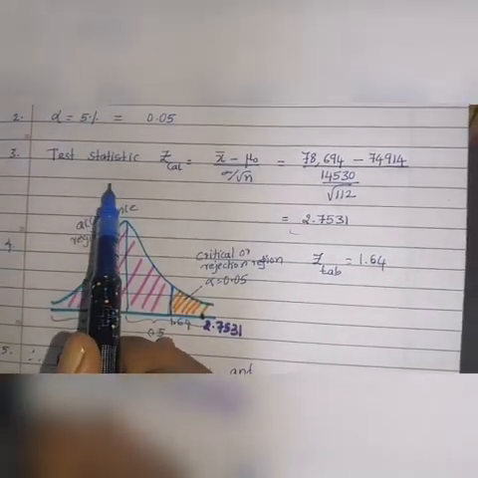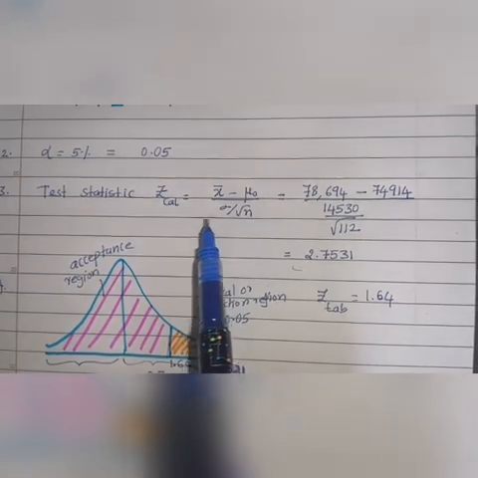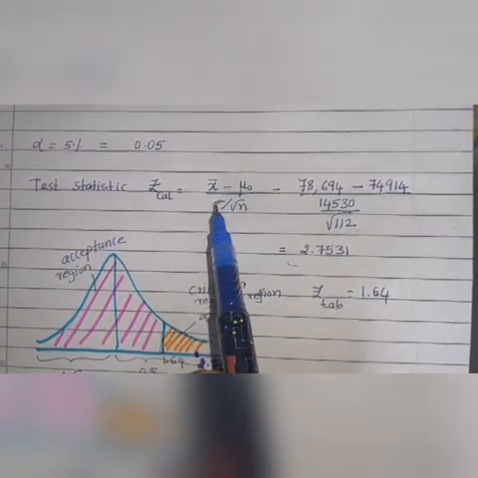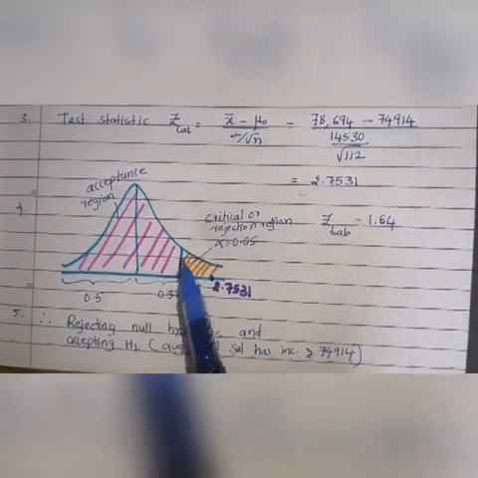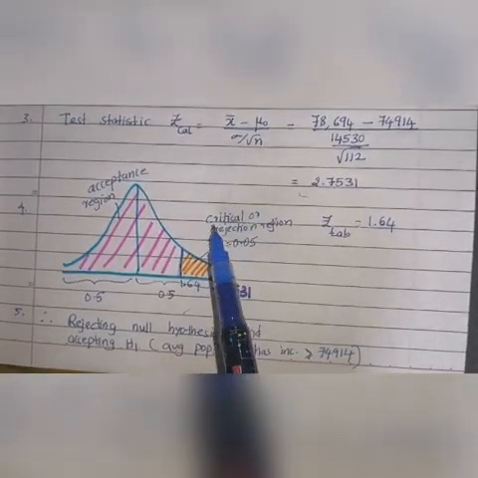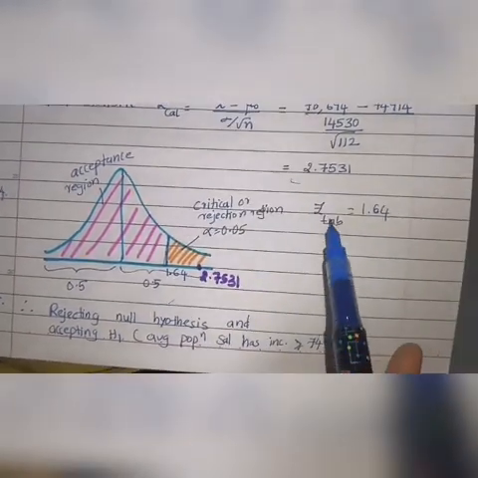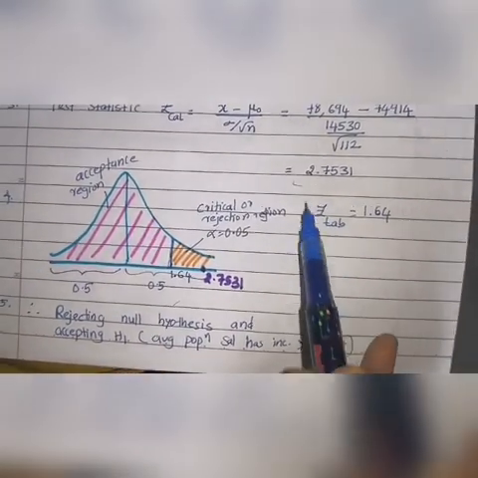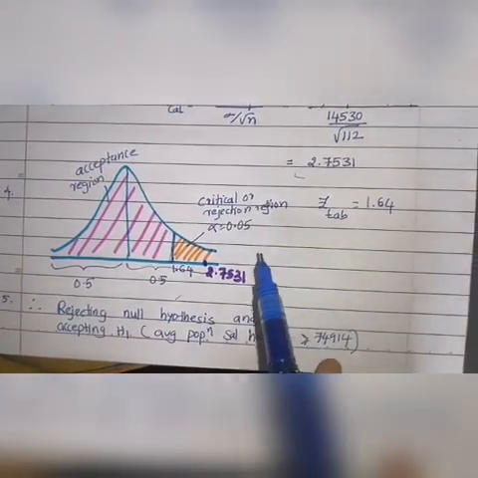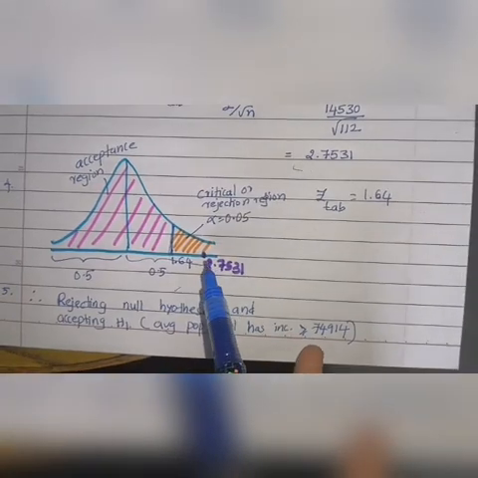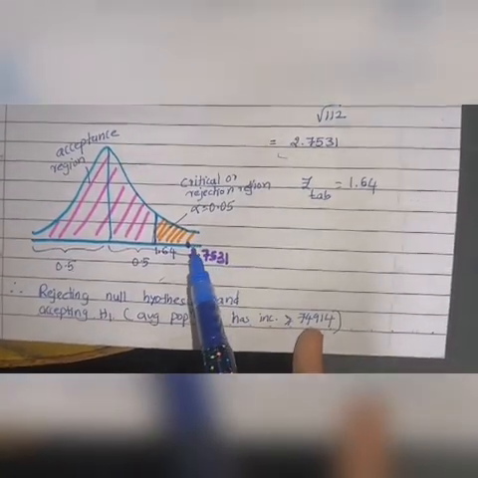Third step is to calculate the test statistic. So we have seen the parameters and decided which formula to be used. Then the next step is to decide what is the acceptance region and what is the rejection region. Rejection region is nothing but alpha, and we have to find the critical value, that is Z tab, using the tabulated values.